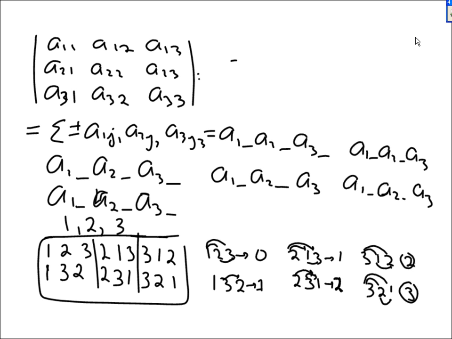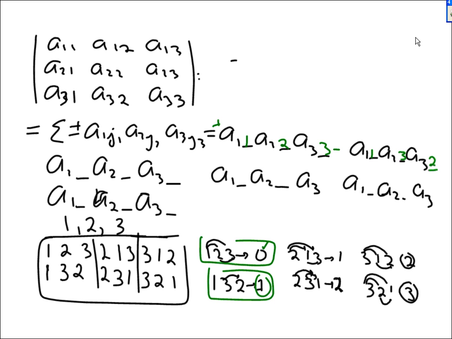So now what I do is I put these permutations down. 1, 2, 3. And since there's an even number of inversions, a plus goes in front. Then 1, 3, 2. That has 1 inversion.